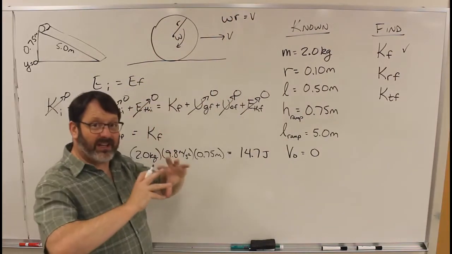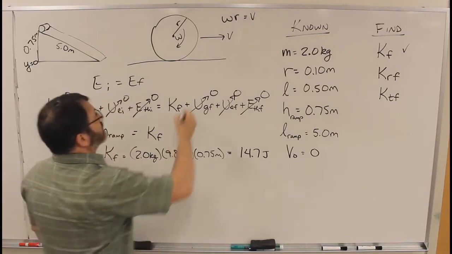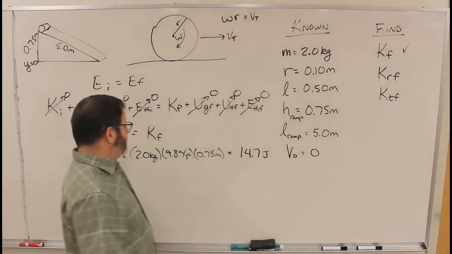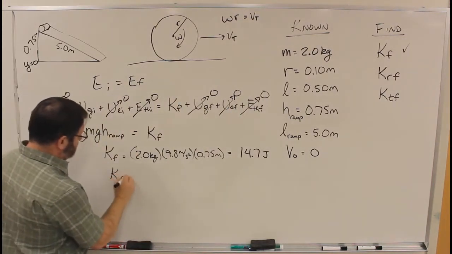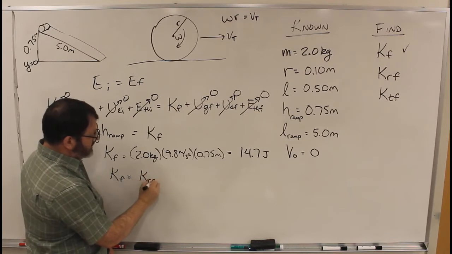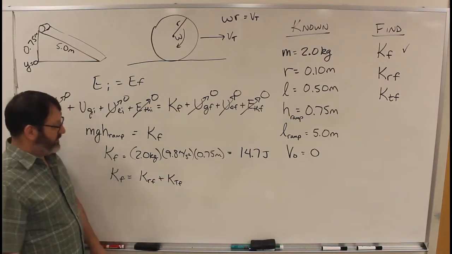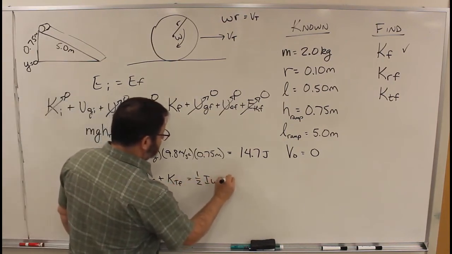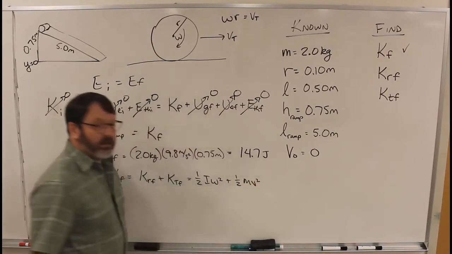That's true for anything that is rolling without slipping. I should call that v tangential. All right, so K final is K rotational final plus K translational final. So that's 1/2 I omega squared plus 1/2 mv squared.